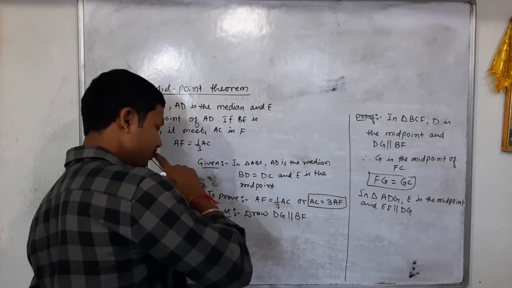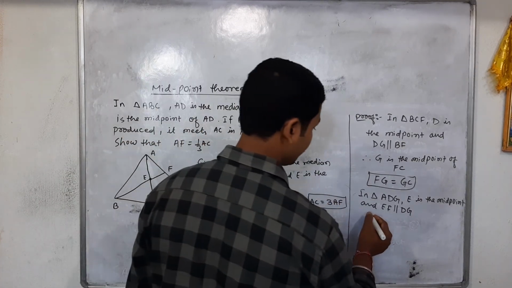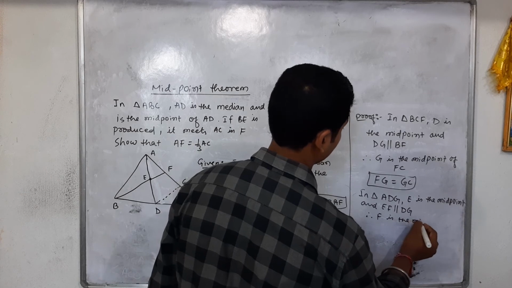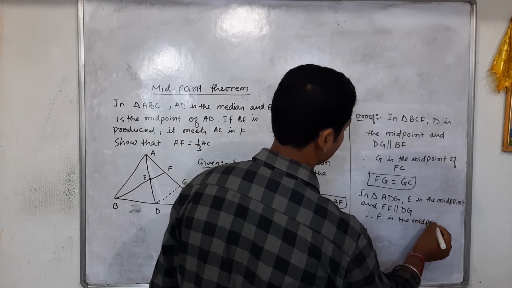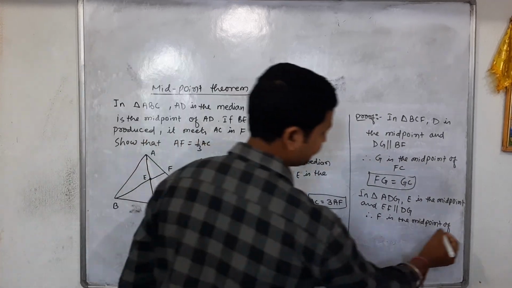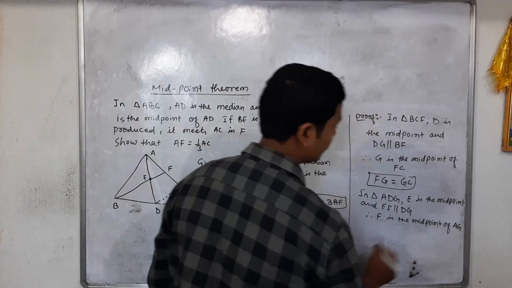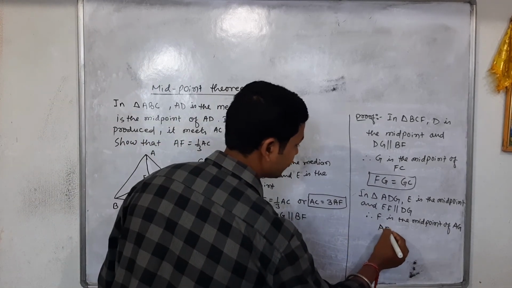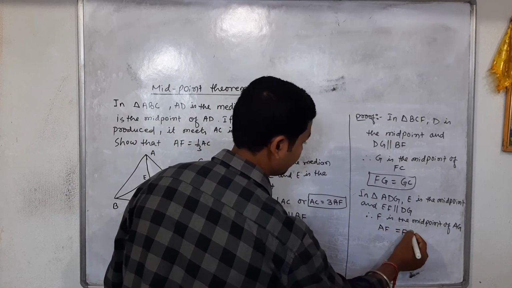Therefore, F is the midpoint of AG, so we can write that AF is equal to FG.